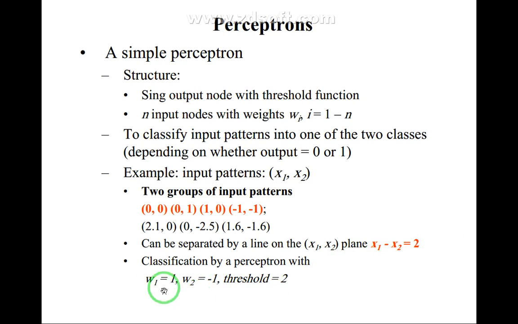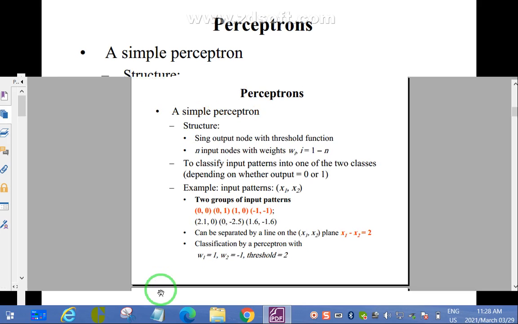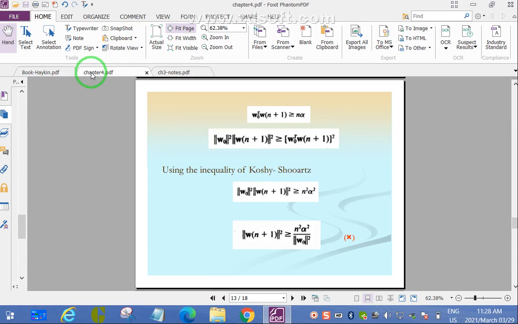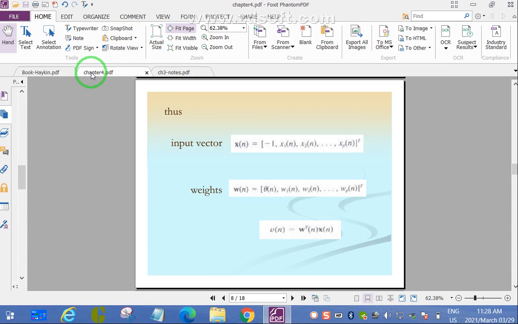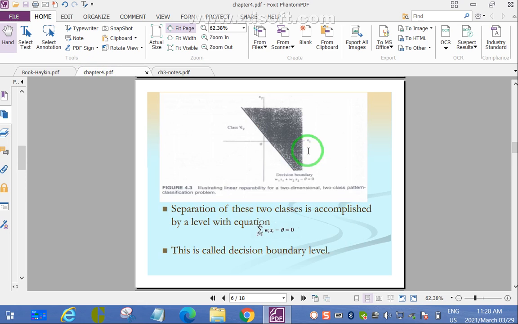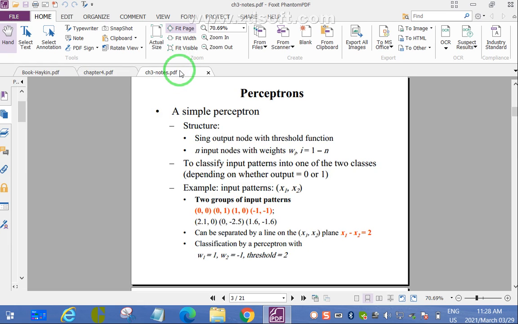Let me show you the equation. It is very important to be able to solve these types of problems. You must solve these types of problems. As you could see, we did have a decision boundary. W1 x1 plus W2 x2 equals threshold. With respect to this equation, we have an example.